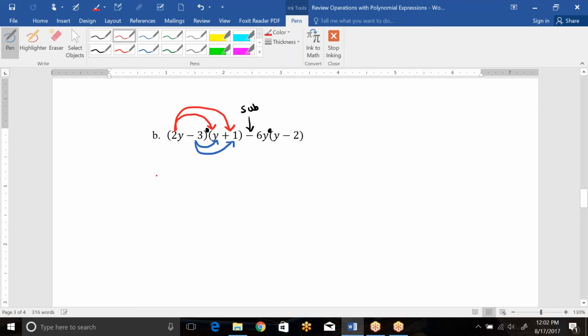So if I write that out, and I'm going to just show all my steps, this would be 2y times y plus, because every time you go to a new pairing, you have a plus or a minus depending on the sign you're going to get when you multiply, but you have a separate term, 2y times 1, and then we'll have negative 3 times y and negative 3 times 1. So that has now been completely distributed.